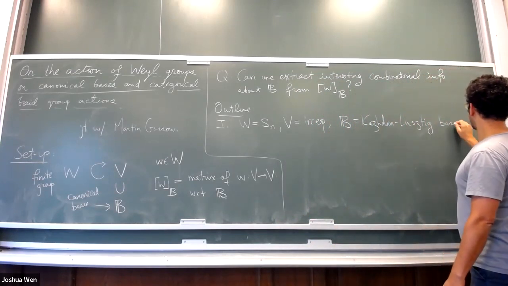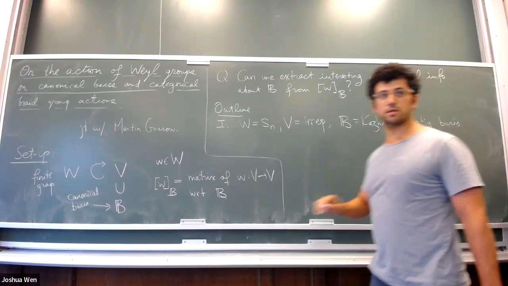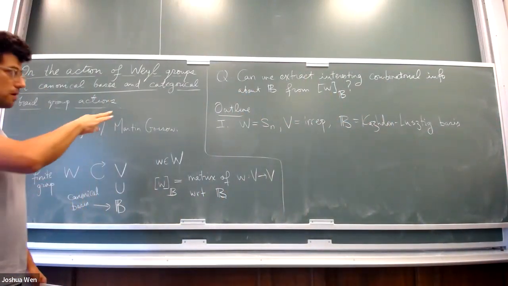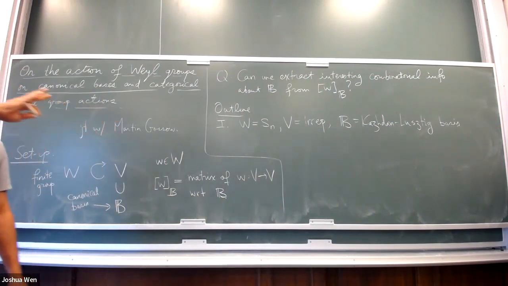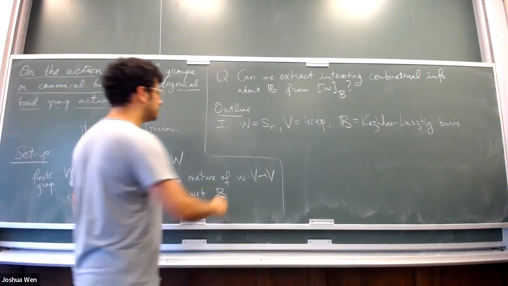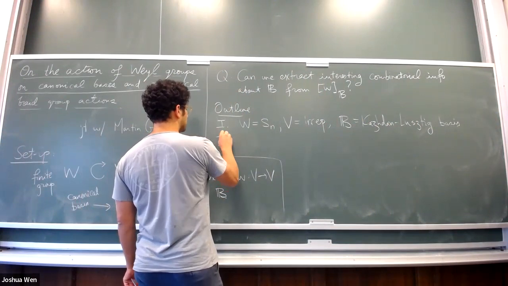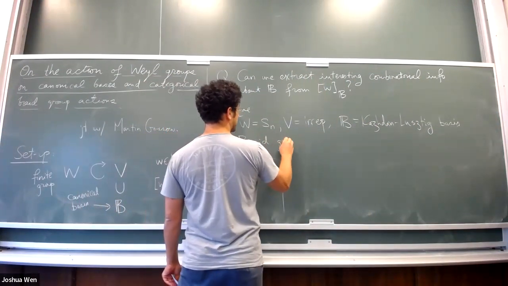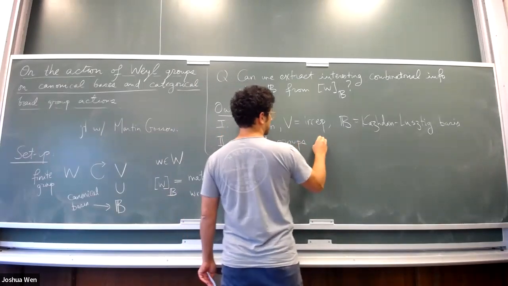I'm going to describe some history of this problem, as we're not the first ones to think about this in this setting. And I'll describe our most general results for this setting. And then I'm going to tell you how we prove these results. This is going to be the next part of the talk, which is really about braid groups acting on triangulated categories.